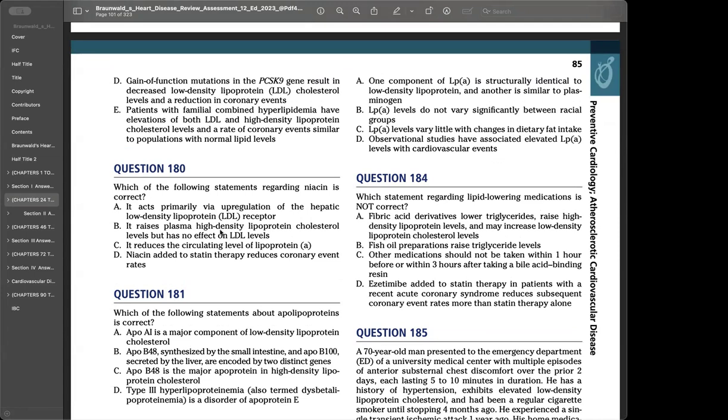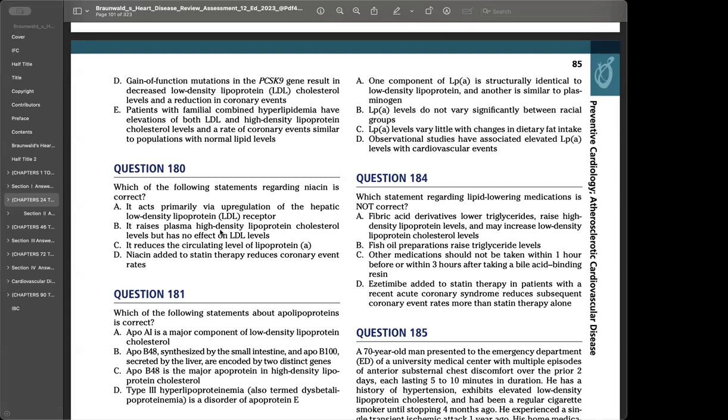I don't know if there's any clarification or question pertaining to this question. Which lipid lowering medication statement is not correct? A, fibric acid derivatives lower triglyceride, raise high density lipoprotein levels and may increase low density lipoprotein cholesterol. B, fish oil preparations raise triglyceride levels.